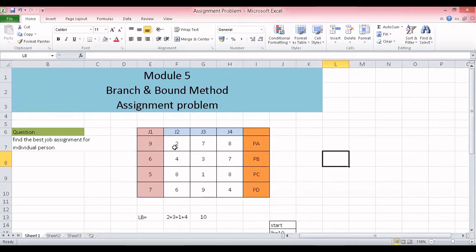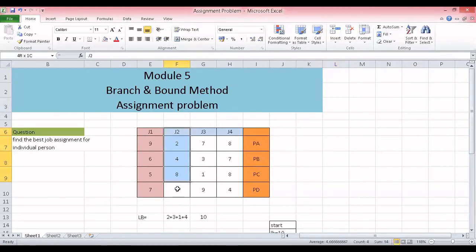Person B demands 6 rupees to do the same job. Person C demands 5 rupees to do job 1. Person D demands 7 rupees to do the same job. So there is a variation in the labor asked by each person.